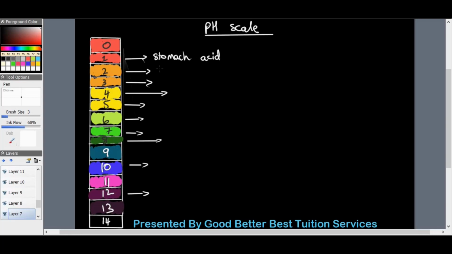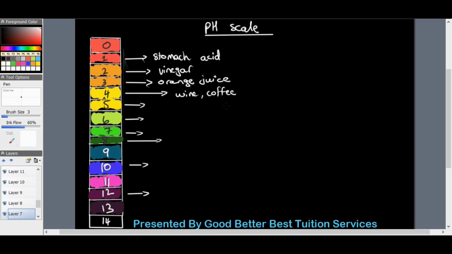Okay, number 2 would be an example of vinegar, which I said is very highly acidic. Number 3 is your orange juice, freshly squeezed or whatever. Number 4 would be like your wine or coffee.